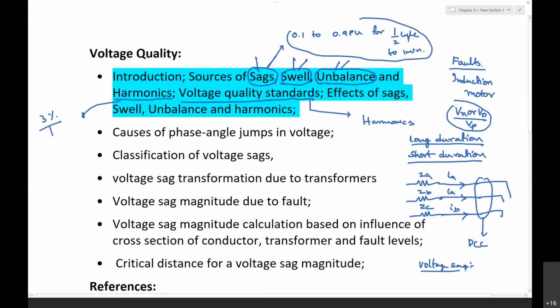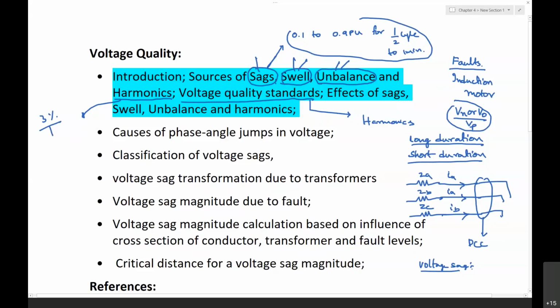One example I can give is an operation theater, where there should not be any power fluctuations or deviation in voltage.